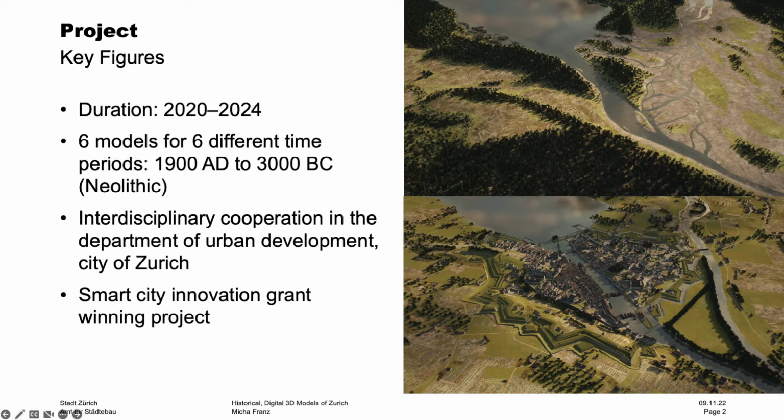This project is being realized through a close cooperation between the City Archaeology and the GIS Competence Center of the City of Zurich. And the whole project was only possible by winning the innovation credit of Smart City Zurich back in 2020, which kicked off this project.